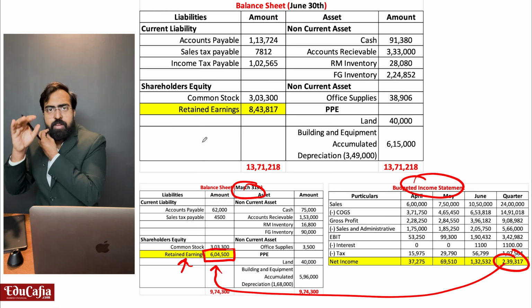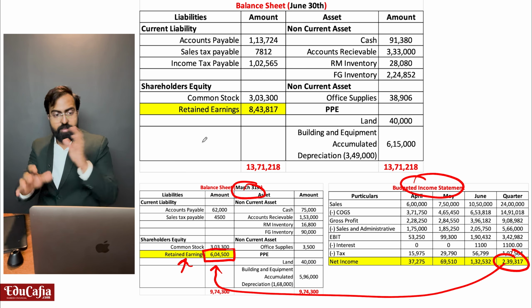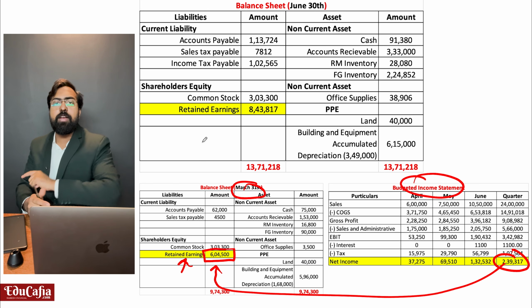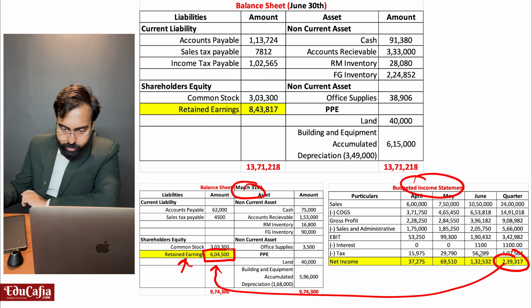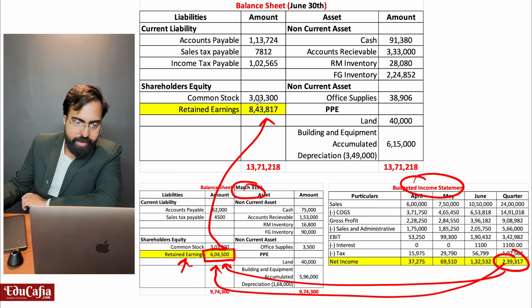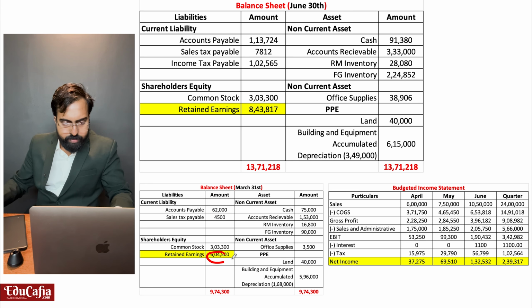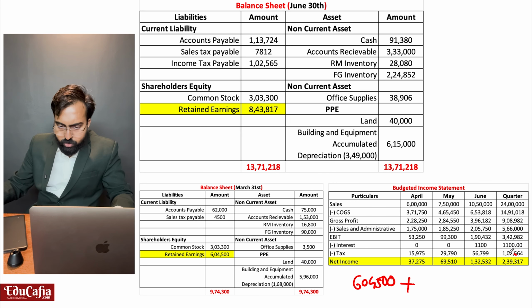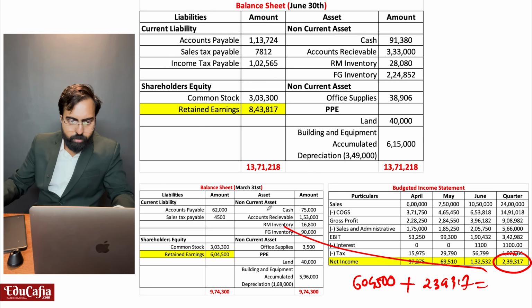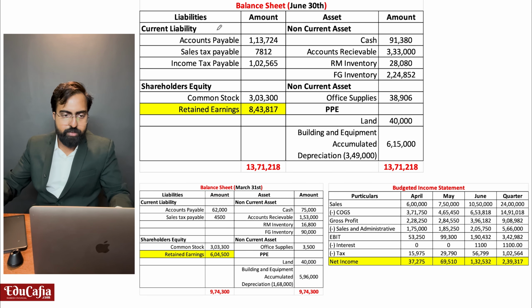If there were dividends paid, we would add to retained earnings after deducting the dividends. So I am adding this amount to retained earnings. 604,500 plus 239,317 is equal to 8,43,817. Very easy, right? You got it? So we got this much.